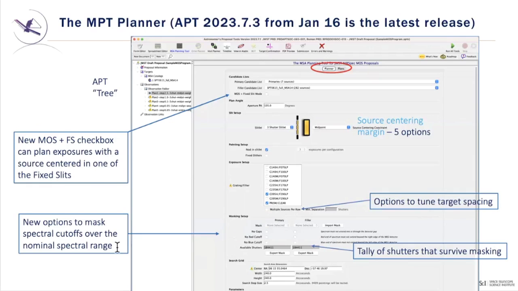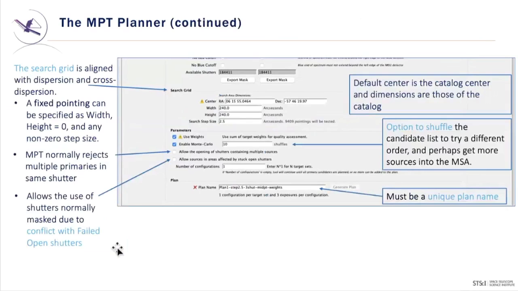The next thing is the search grid. Going on to the next slide, the search grid is all user defined. It populates the default center for you based on your primary candidate set. The width and height are defined by the primary candidate set nominally, but they're tunable by the user, and the search step size is something you can tune yourself.